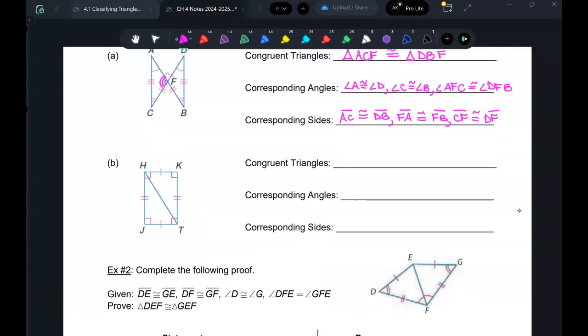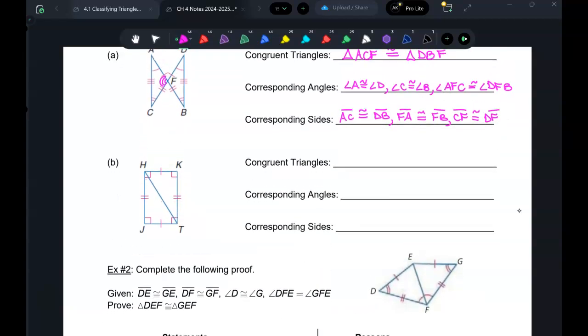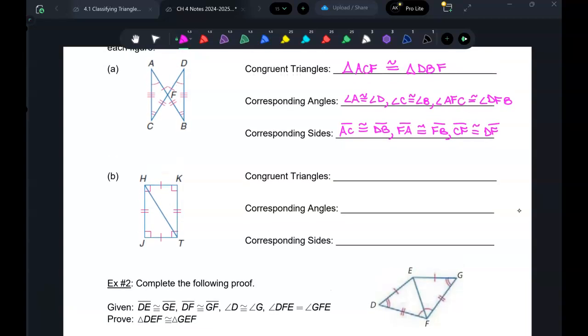You can look at the picture: these two segments are equal, these two are equal. Just look at the markings. Put AF and DF.